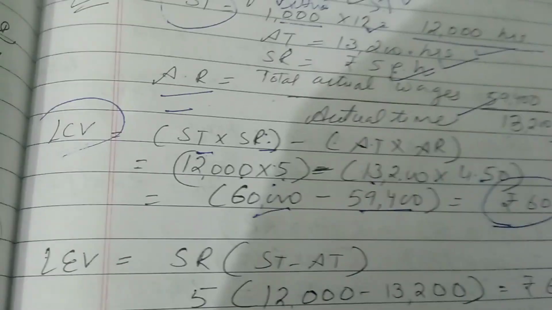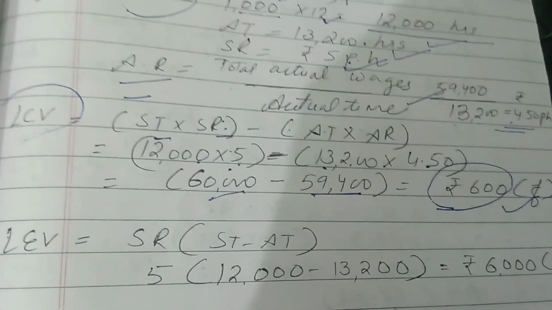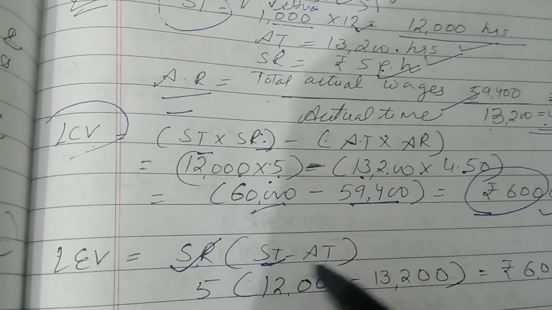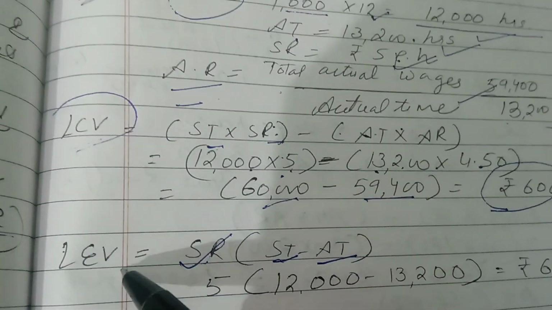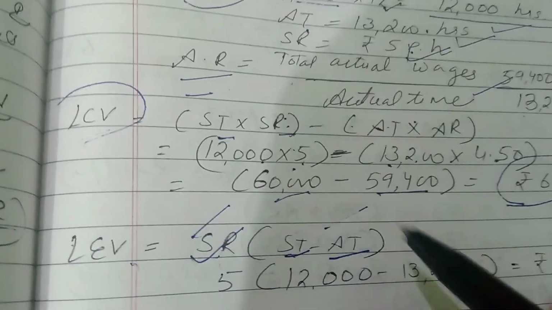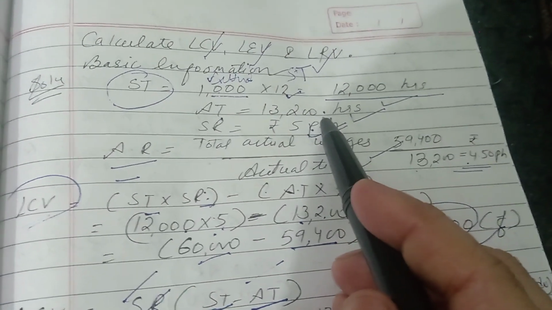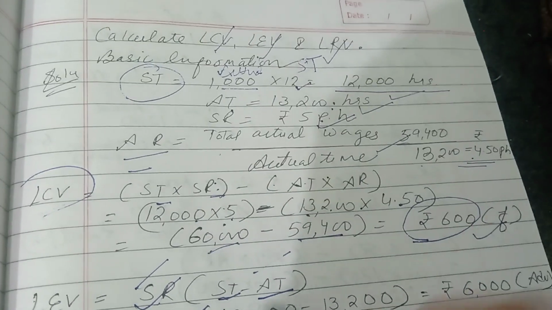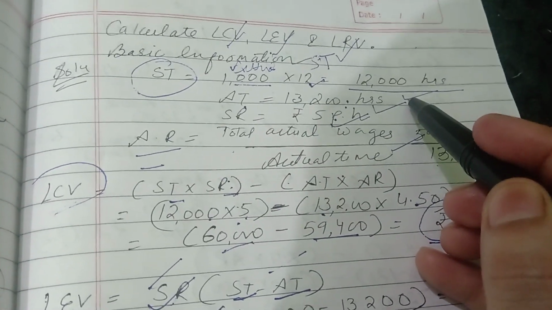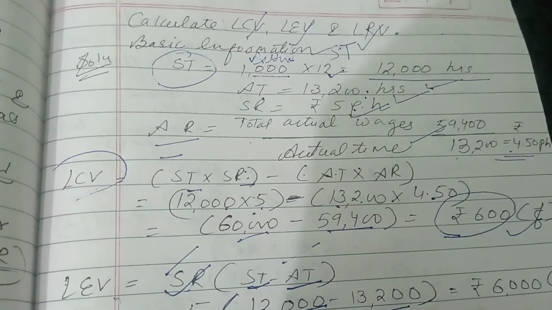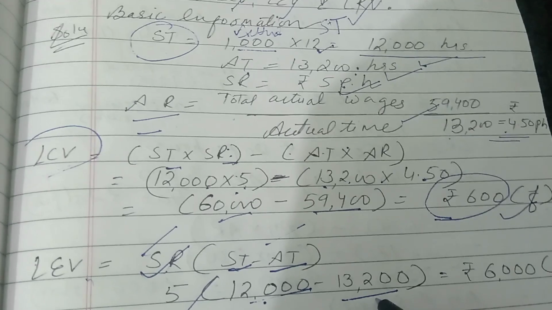Well, let us take the labor efficiency variance, that is known as LEV. LEV, students, the formula is standard rate into standard time minus actual time. Again we have to take two factors, standard rate and the time period. Because time is given in hours, we will take the standard rate, which is 5. Standard time, that is basically fixed by the company, is 12,000 hours, but the actual time taken for the final production is 13,200.